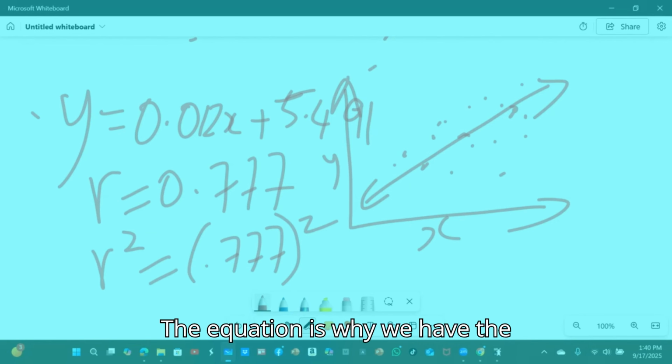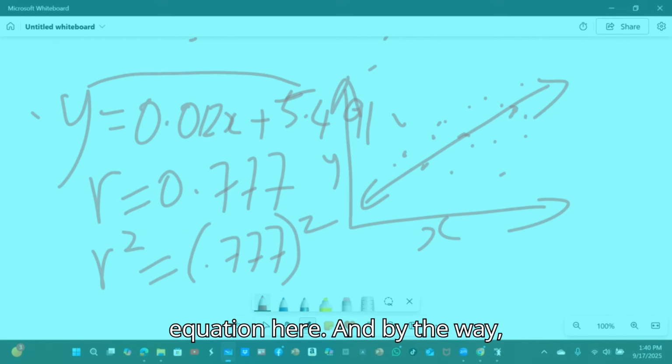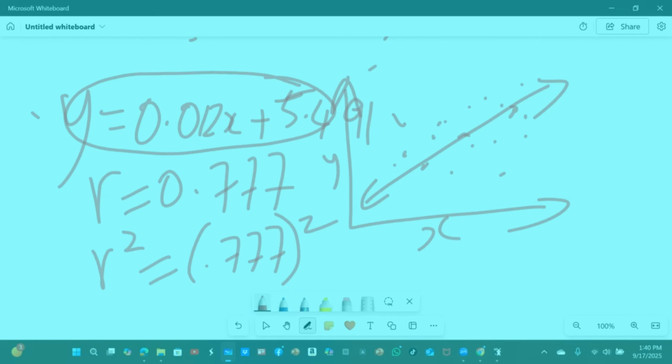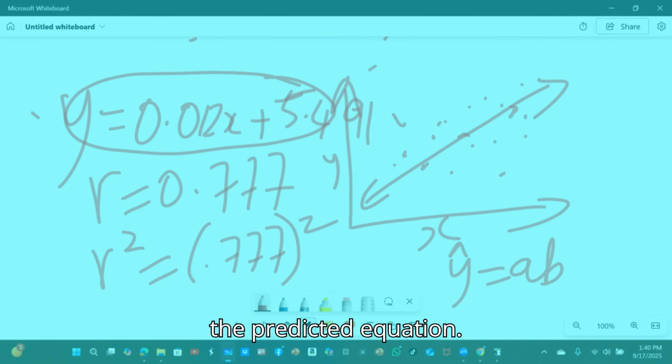The equation is y. We have the equation here. And by the way, we can write it as y hat. Whenever you see y hat, you know it is the predicted equation.